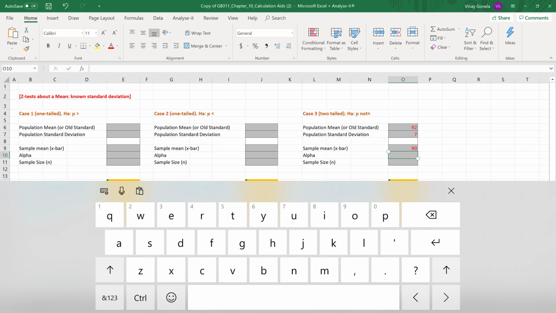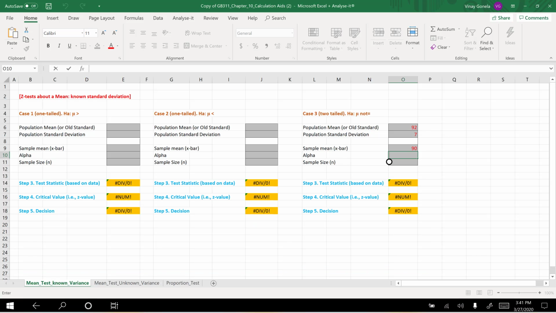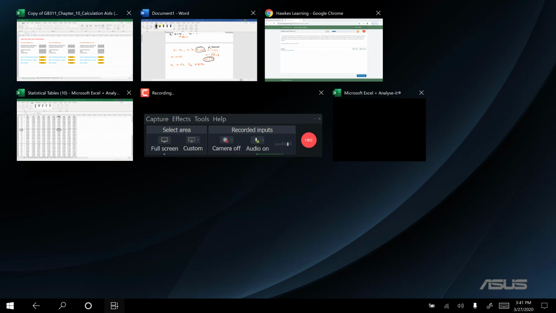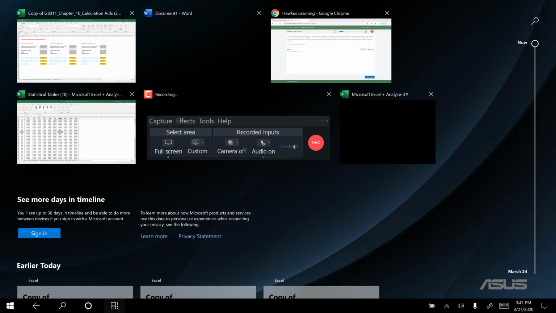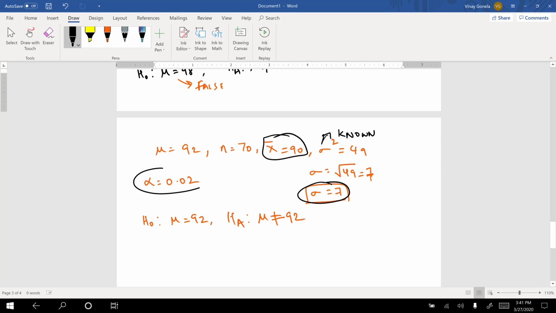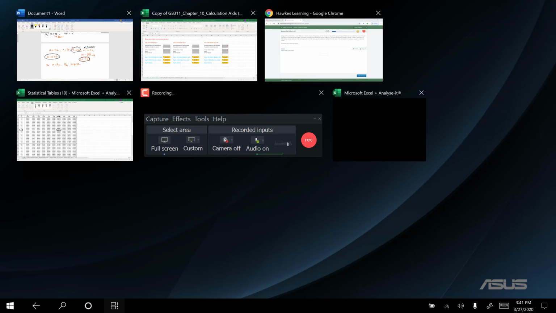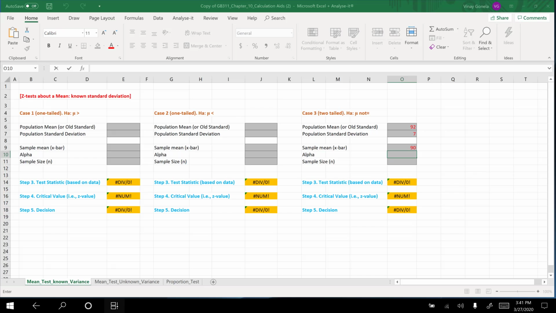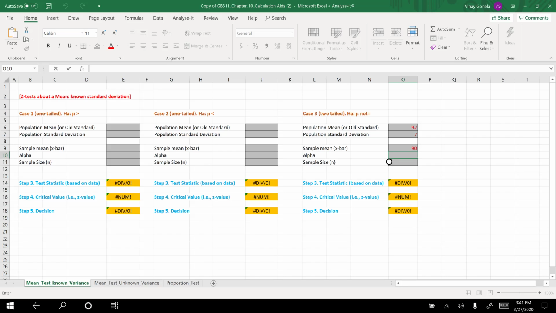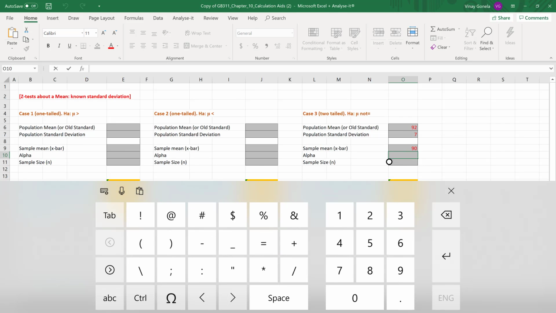And then the alpha value, the significance level, alpha is 0.02, so this value is 0.02.